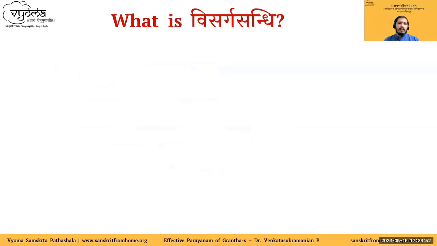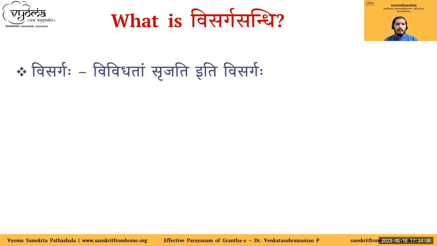So what is Visarga Sandhi? Before we see that, first we have to know what is Visarga. In the initial classes, when the letters were being studied, we were told Visarga is those two dots which we place after a letter, to put it in a colloquial manner.